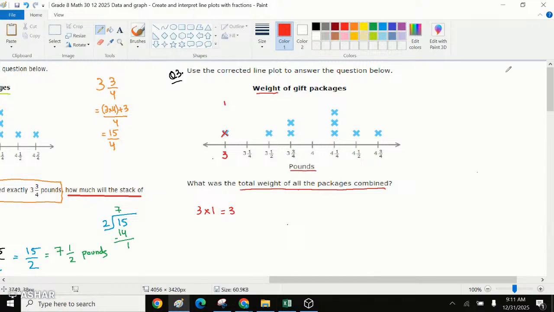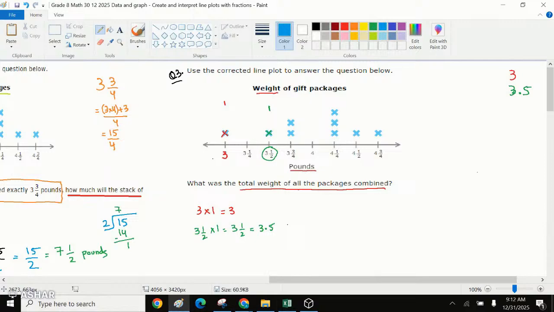So we write 3. We are adding them together on the corner. Then 3 1/4, there was none. But 3.5 also had one package, so that stays as 3.5, or in decimals, 3.5.